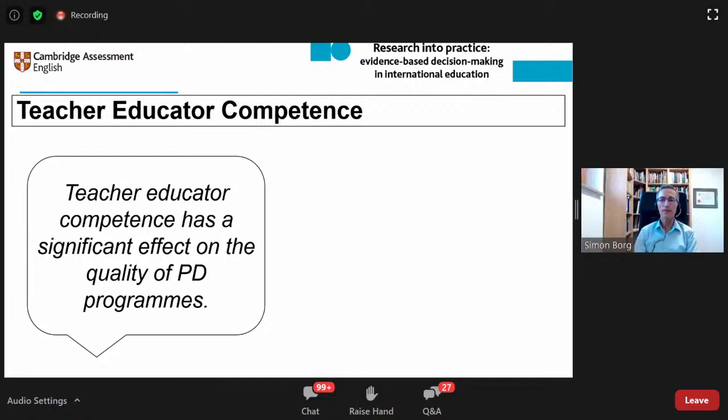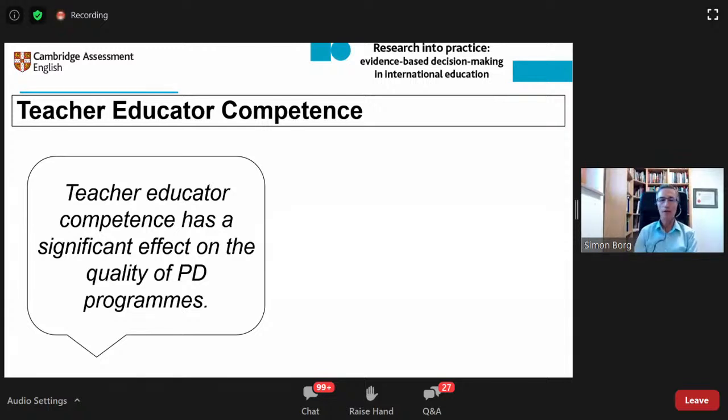That's simply the person who's responsible for facilitating or delivering a professional development program. They may have other names depending on the programs. Sometimes they're mentors, sometimes they're coordinators, sometimes they're facilitators, sometimes they're trainers. But the general point is that the competence of these individuals has a very significant effect on the quality of professional development programs, in the same way that the quality of teachers has a very significant impact on the quality of learning outcomes.